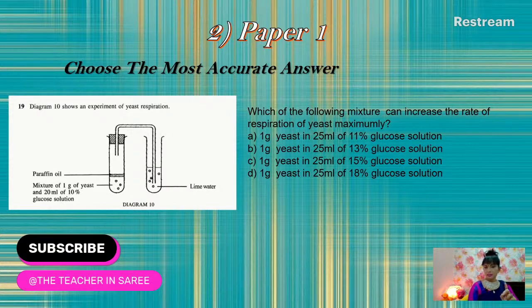But then the trick is in the question itself. That is why underlining the question is very, very important. You see, which of the following mixtures can increase the rate of respiration of yeast maximally? So the keyword here, the deciding factor of the answer, is the word maximum. So that is why the best answer is D, because that has the highest percentage, the highest concentration.